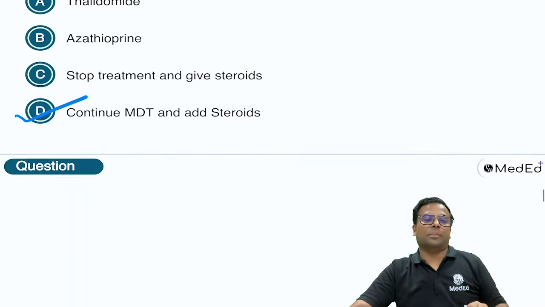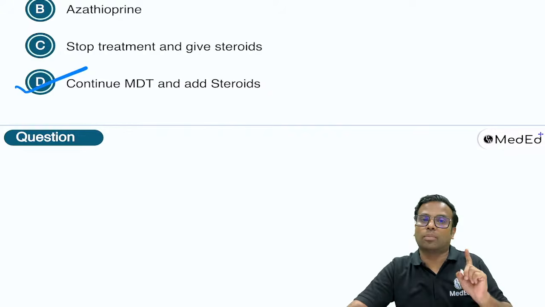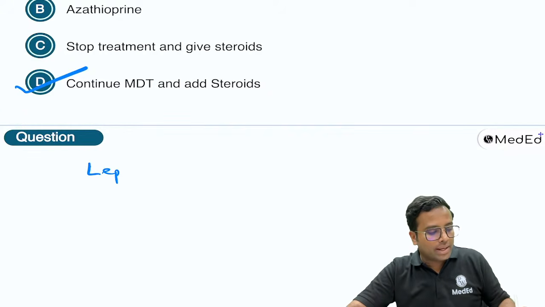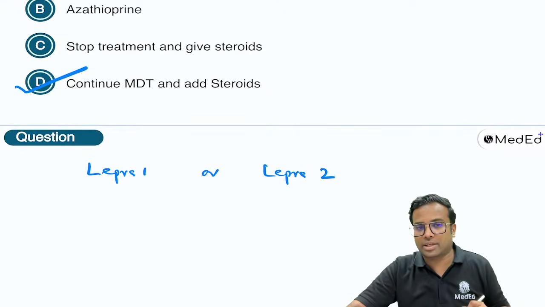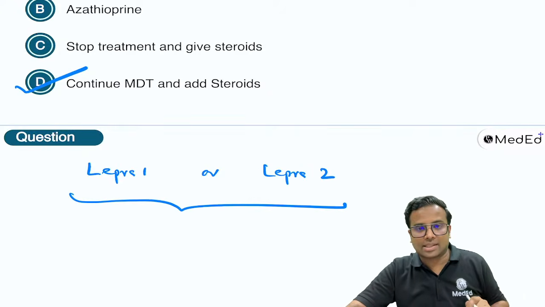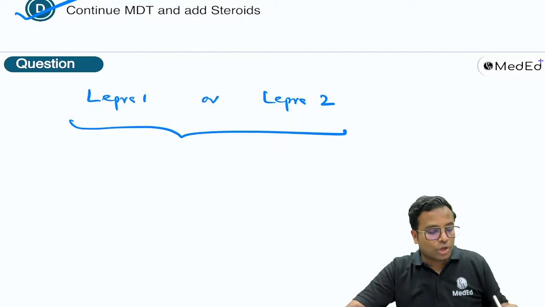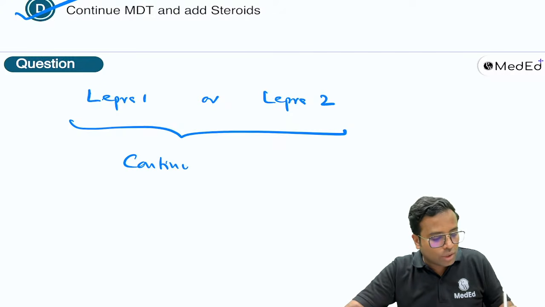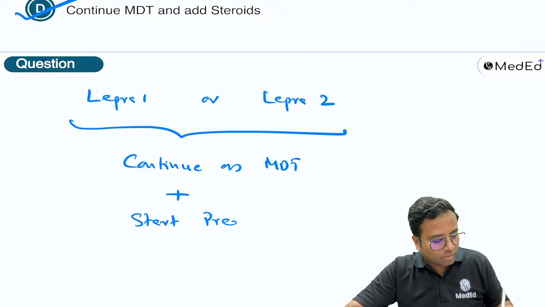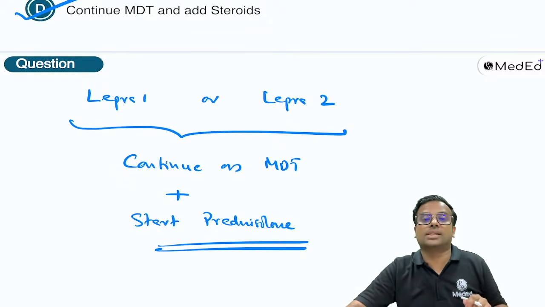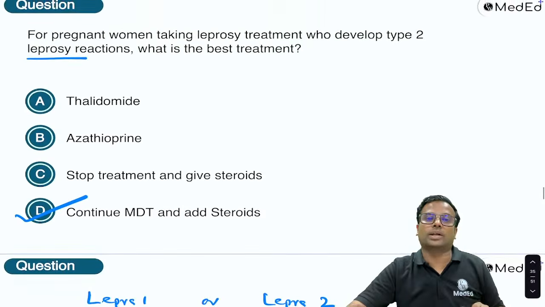So please remember, when it comes to any question about lepra reaction, be it lepra 1 or lepra 2 reaction, in both cases, your treatment remains the same. You always have to continue the multi-drug therapy and start prednisolone. What is prednisolone? It's a systemic steroid. So this would be the correct answer.